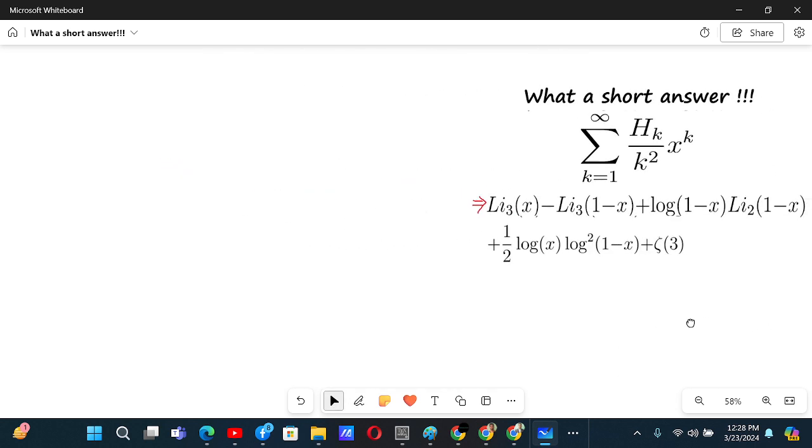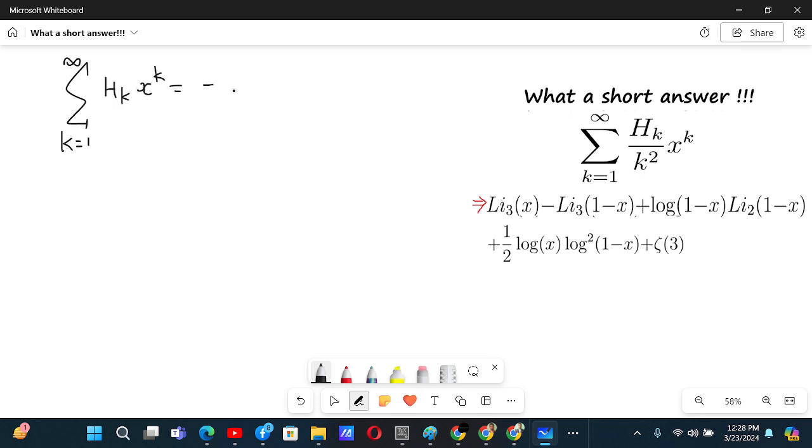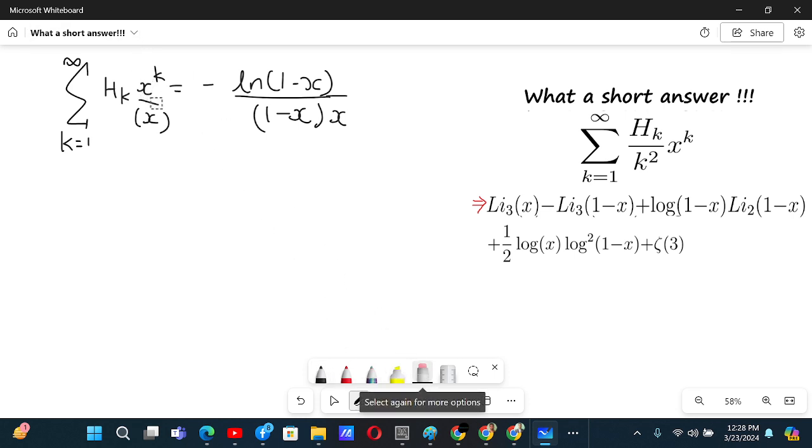Let's see how we will. Okay, so now we begin with this sum from k equals 1 to infinity of H_k x to the power k. We know this is minus ln of 1 minus x by 1 minus x. Now what do we do next? We divide by x, and that gives us t to the power k minus 1.